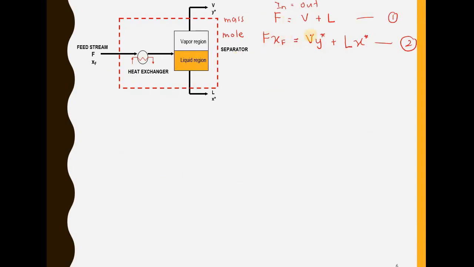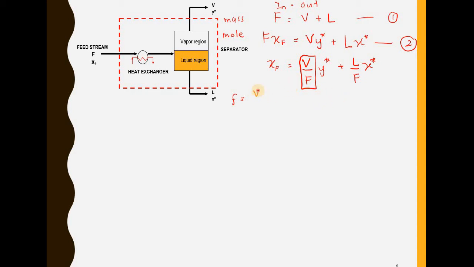So I will continue the equation. If I want XF as the subject, I will bring F to the other side. It will become V over F Y star plus L over F X star. V over F, I will change into small f. Small f is actually the portion of the feed that has been changed into vapor.